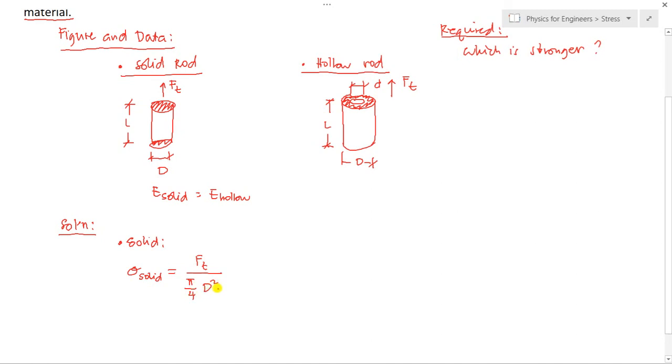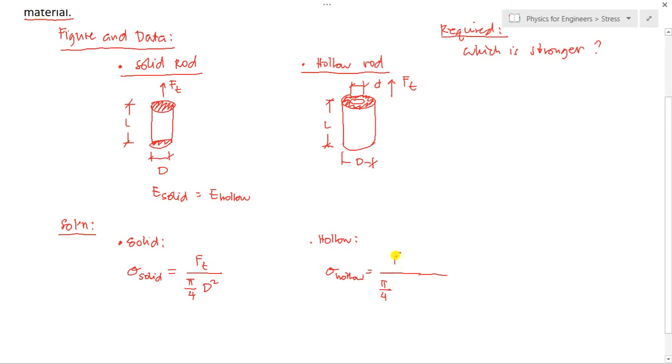And then for the hollow, sigma hollow is equal to the force over pi over 4 times the difference of diameters.